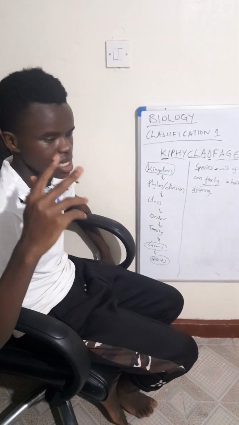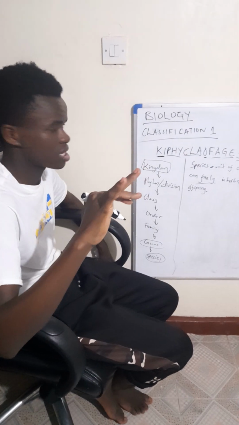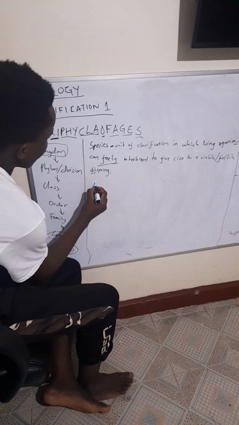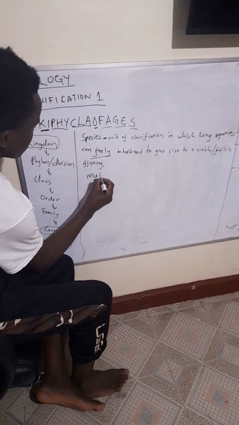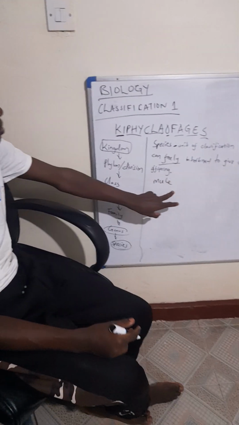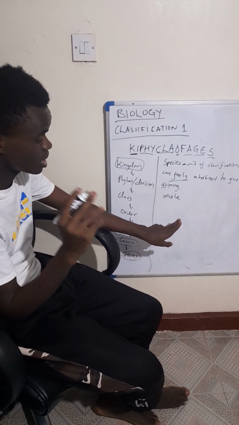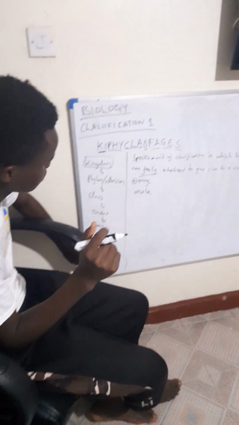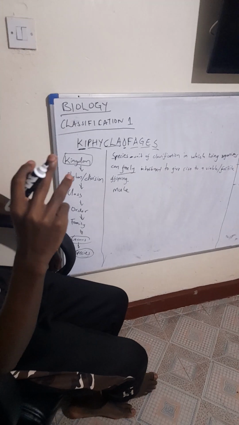But now there comes a case when a horse and a donkey interbreed. They will give rise to a young one, and we call that young one a mule. M-U-L-E. So they have given rise to an offspring, despite being in different species. But what's the difference now?